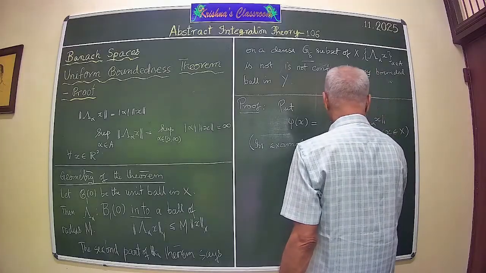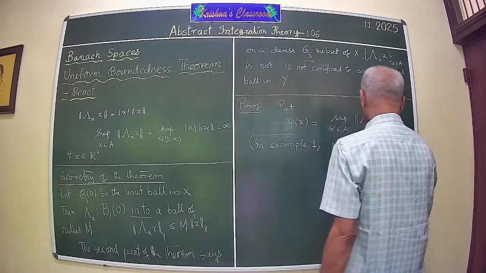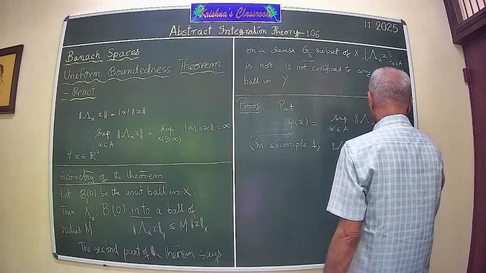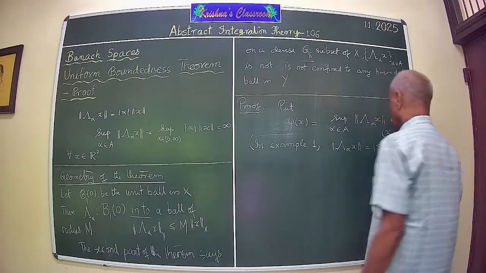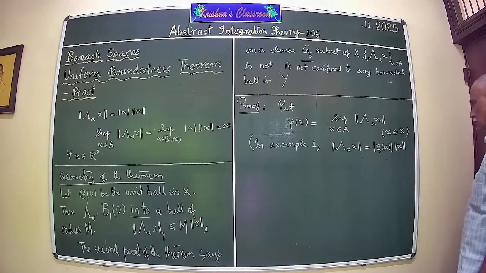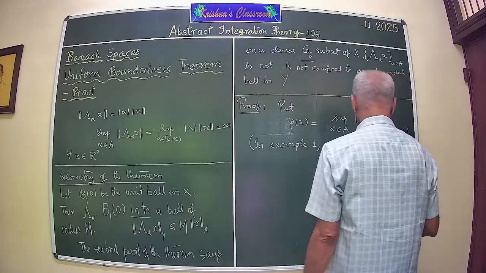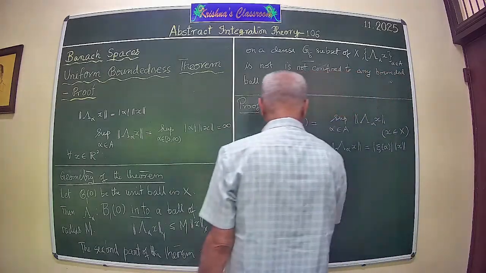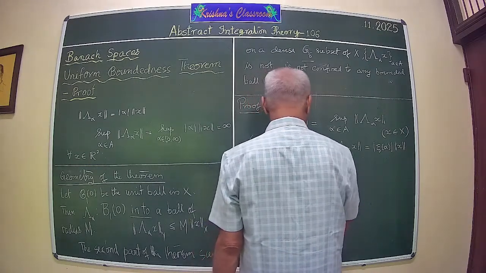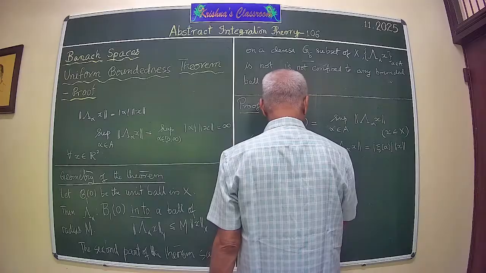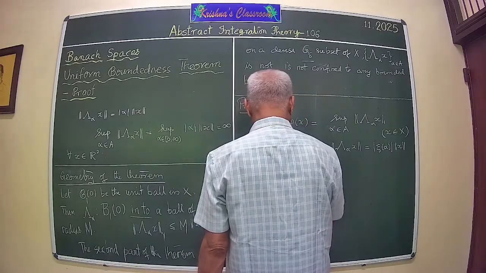Norm of lambda alpha x is equal to psi alpha times norm of x, and you have the supremum of this.